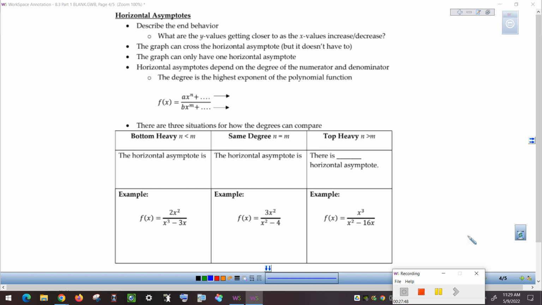All right, so with our horizontal asymptotes, we're going to start again by just looking at some of the characteristics at the top of the page. So here's the thing about horizontal asymptotes.